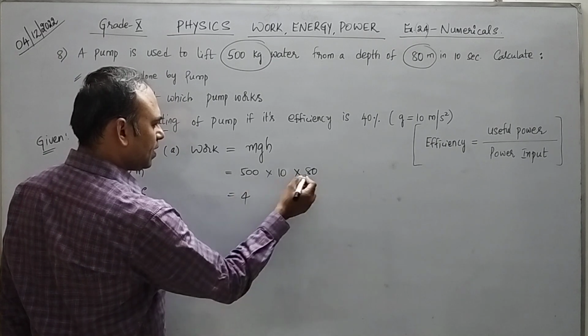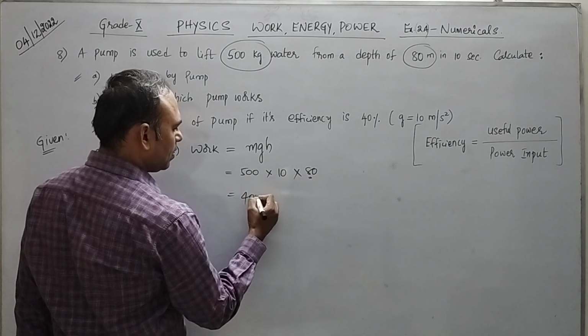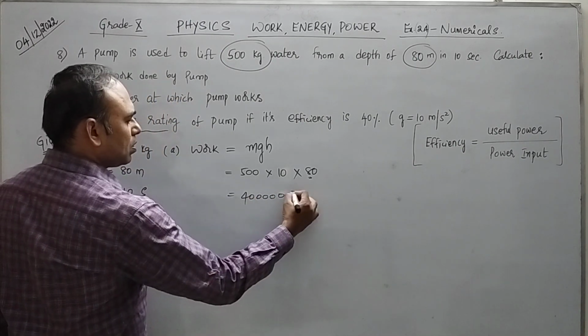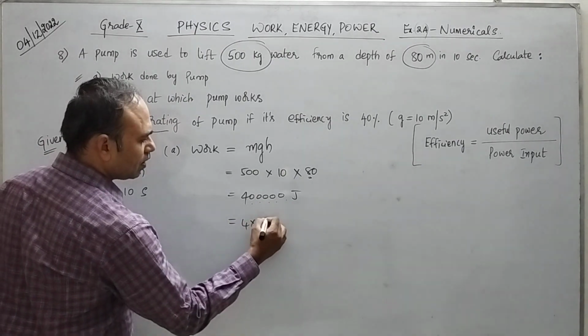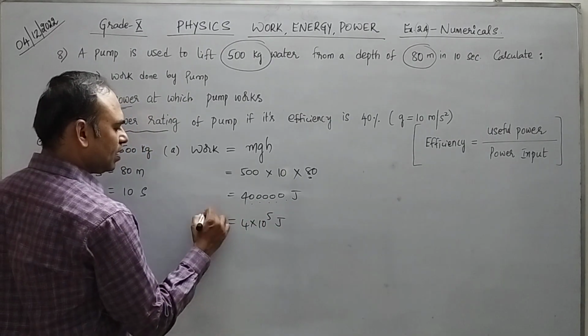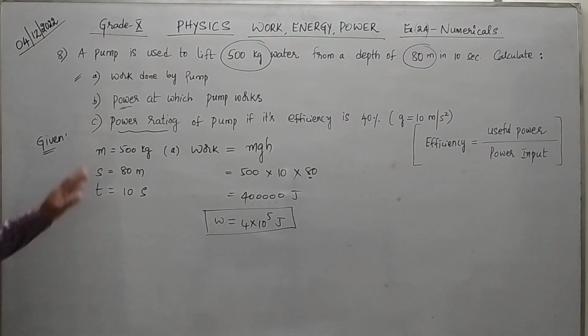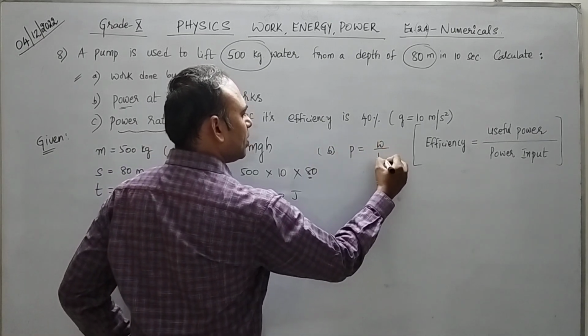So we get 8 into 5, 40, so this much joule, or we can also write 1 2 3 4 5, so 4 into 10 to the power of 5 joules. So work we got. Now second one, what is power? Power is calculated as work by time.